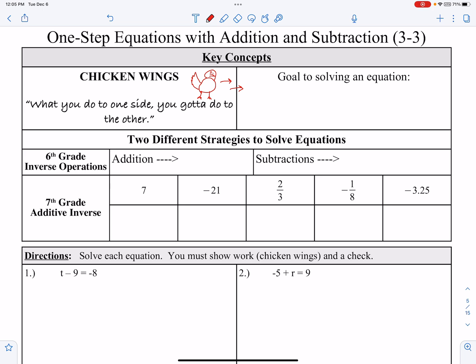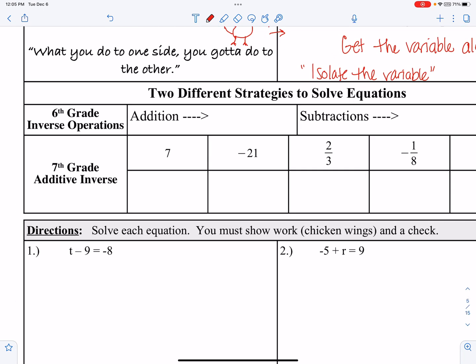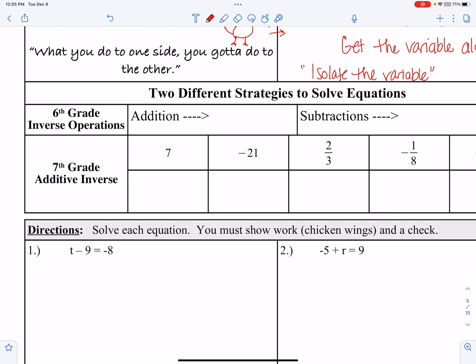All right. So our goal to solve an equation is to get the variable alone or by itself. Another fancy term is isolate the variable, if you want to get that language in your head. What is the inverse operation for addition? We've always talked about inverse operations.